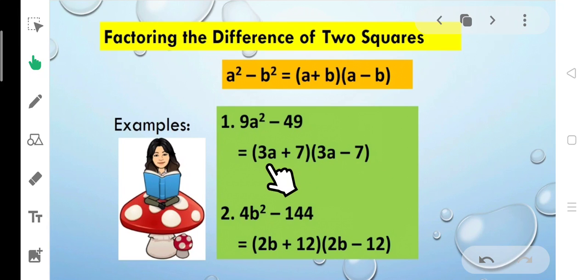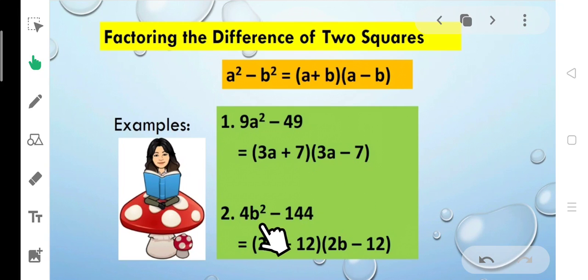Take note, the first and second terms in the two binomial factors are the same. The only difference is that the first binomial factor is all positive. The second binomial factor has a negative sign in between.